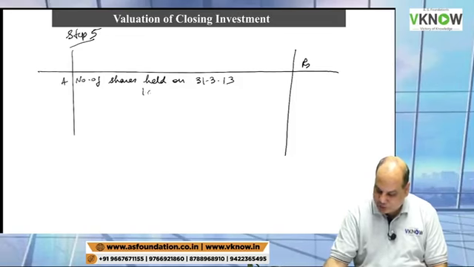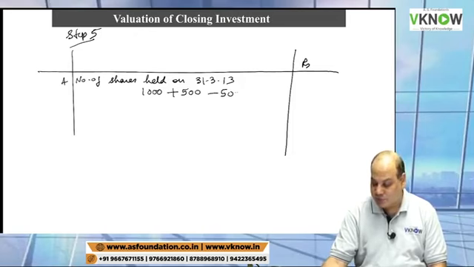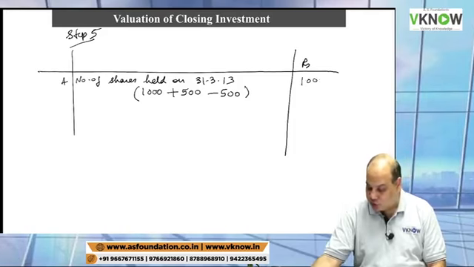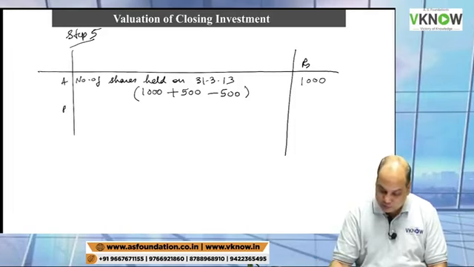So you have 1000 shares purchased, 500 shares received as bonus shares, and 500 shares sold: plus 500 for bonus shares minus 500 for shares sold. So you are actually holding 1000 shares.